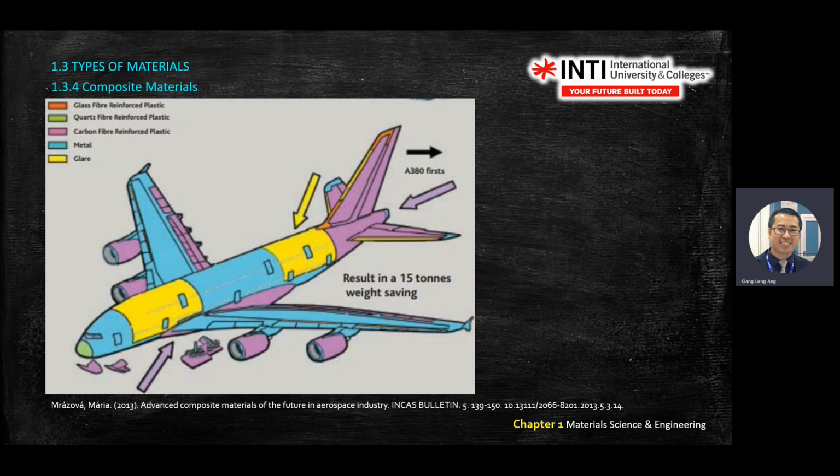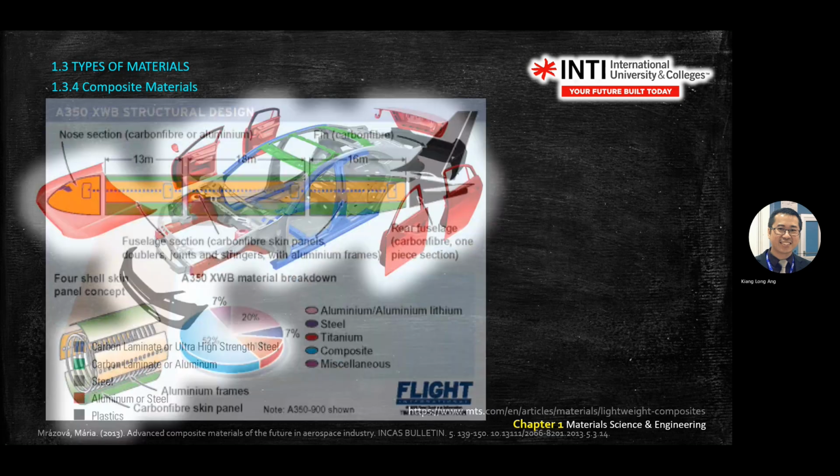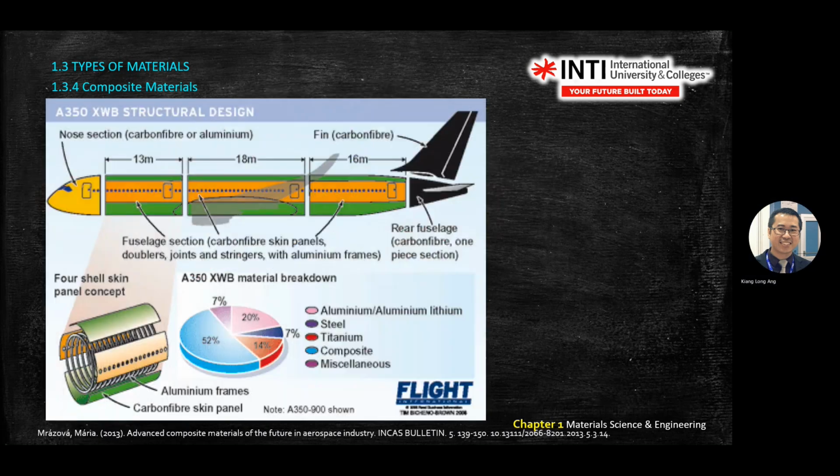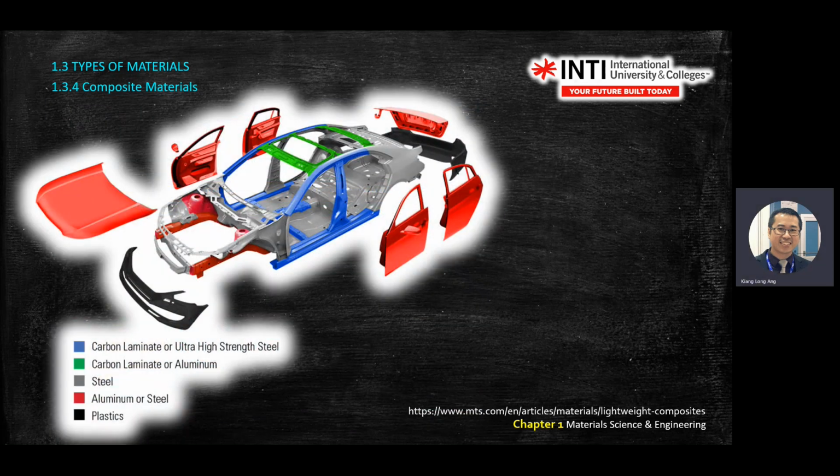So these are examples of aircraft where we use composite. We have glass fiber reinforced, quartz fiber reinforced, carbon fiber reinforced, metals and glass, and so on. These are a few breakdowns. Application of composite, this is on the automotive.